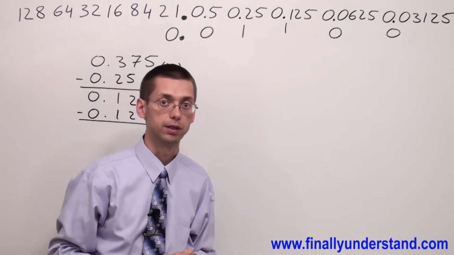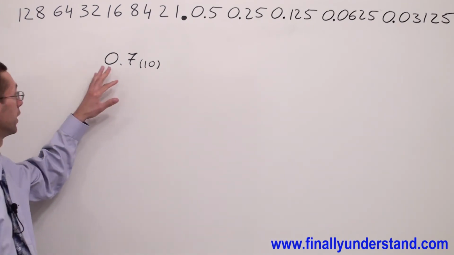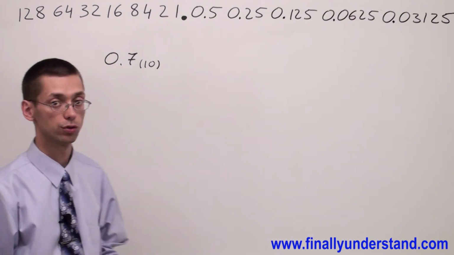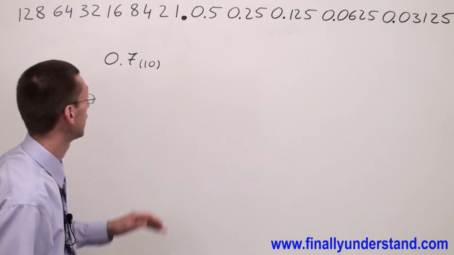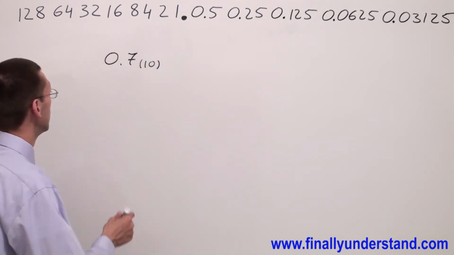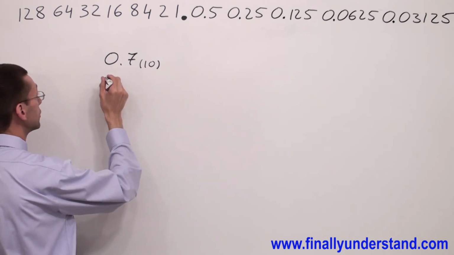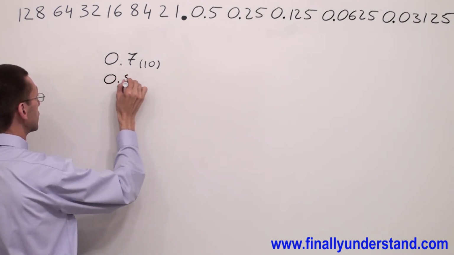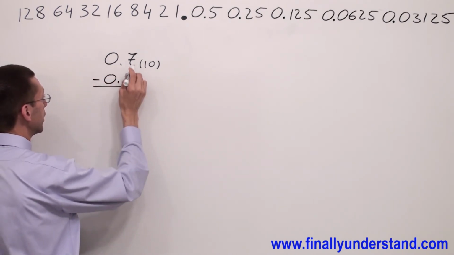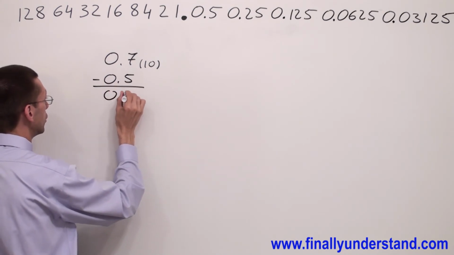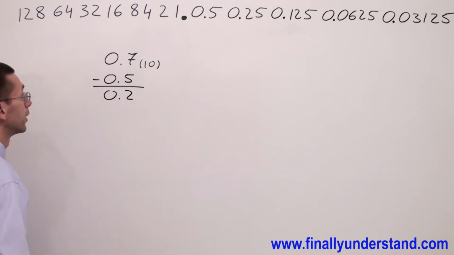Okay, these zeros are not going to change the value of my answer, but are going to keep my answer with 5 bits. This time we're supposed to convert 7/10 to binary, and again look at the weights. The highest weight which I can subtract from 7/10 is 5/10, and I'm going to have 2/10.